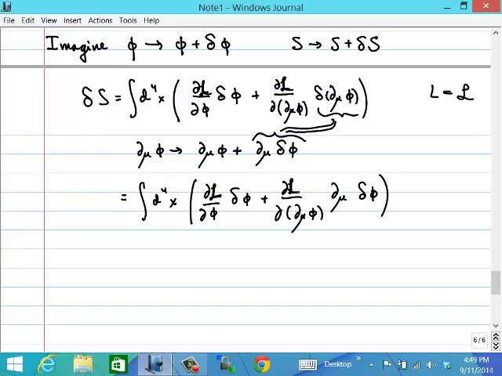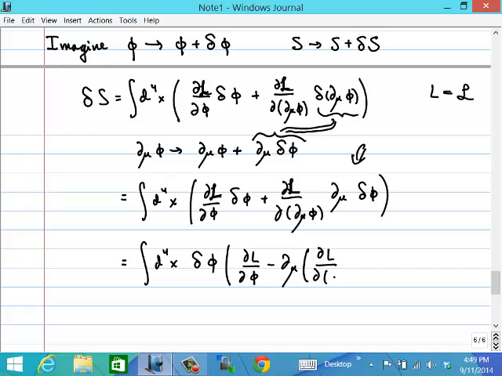Okay, good. Thank you. So now what I'm going to do is take this term and integrate it by parts. So this is the integral d4x of delta phi times dL by d phi minus the derivative of dL by d mu phi, plus a total derivative term.